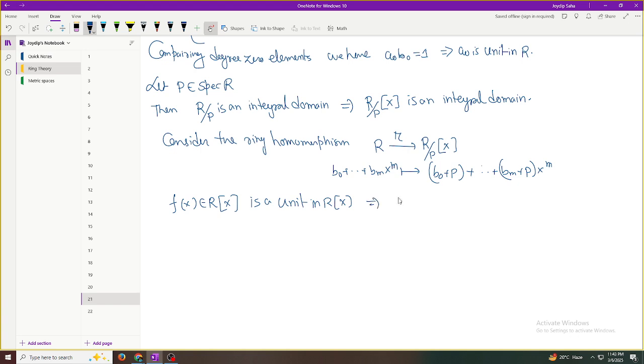This implies pi of f(x) is a unit in (R mod P)[x].